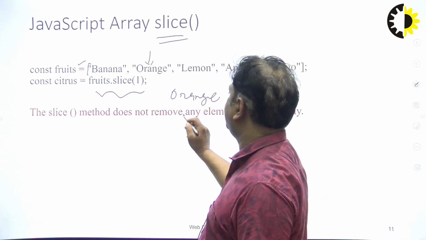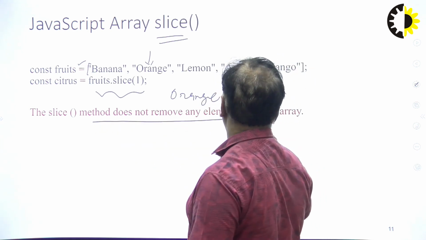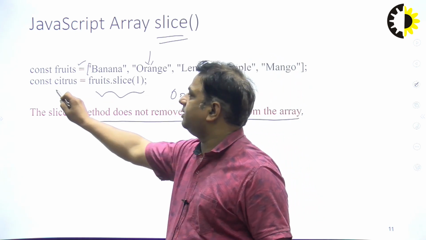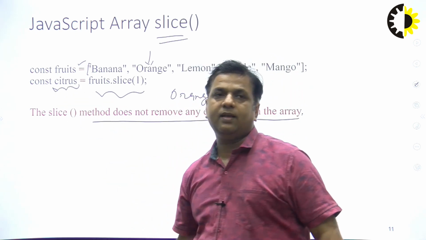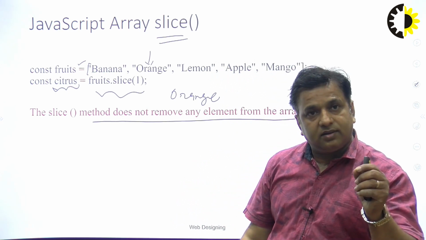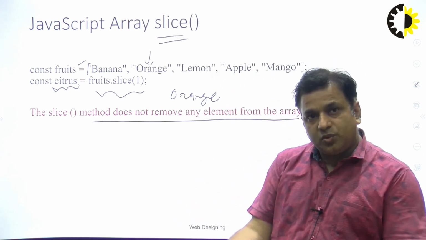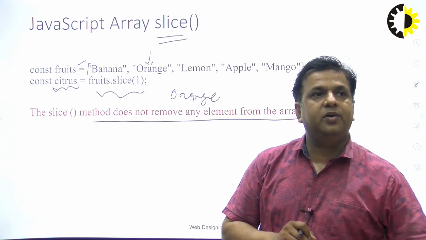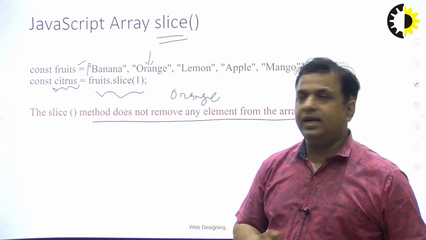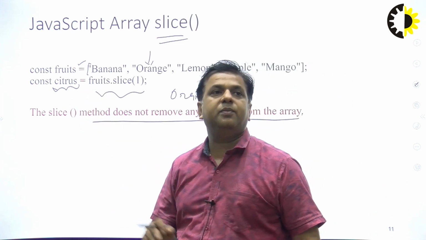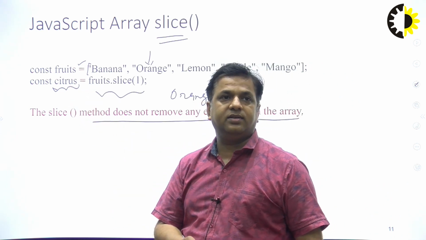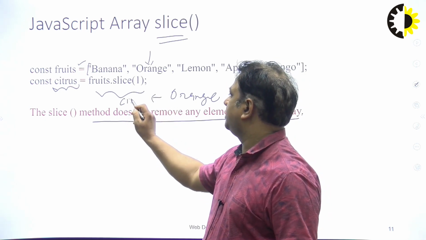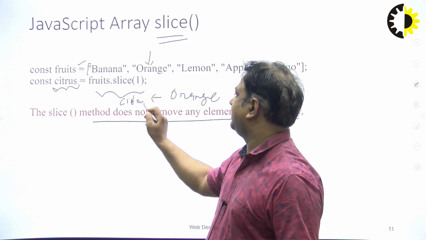One more thing here, the slice method does not remove any element from the array. What we see here is that it is creating a new array. We are storing the extracted element into a new array. The name of this new array is citrus, for example. So this orange will be stored into the citrus array.